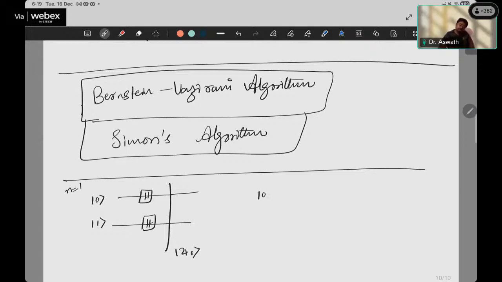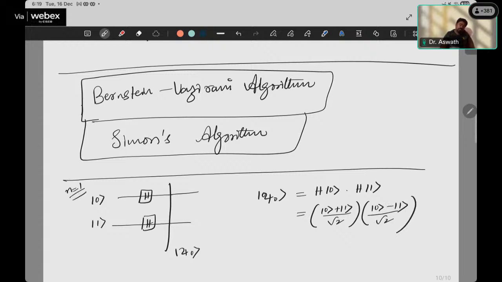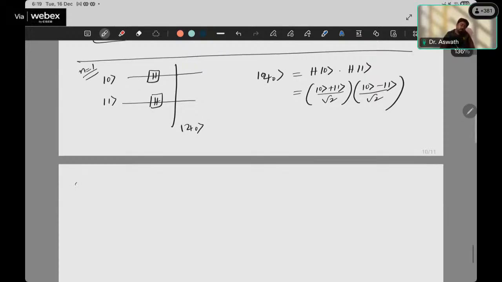Psi 0 is Hadamard acting on 0 and Hadamard acting on 1, which gives 0 plus 1 divided by square root of 2, and 0 minus 1 divided by square root of 2. For n equal to 2, it is tensor square, Hadamard square, and just one Hadamard.